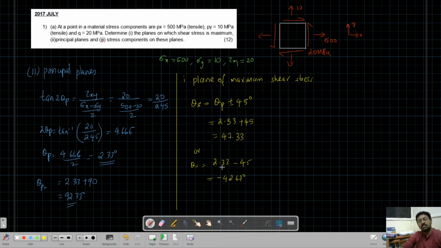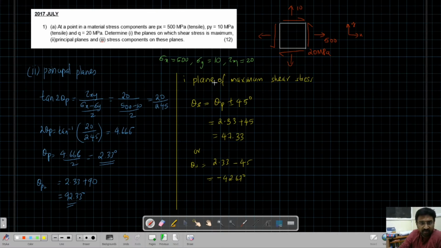So negative theta means we have to rotate the block in the clockwise direction. Positive theta means we have to rotate the block in the positive direction, that is the counterclockwise direction. So this answers the first part of the problem.